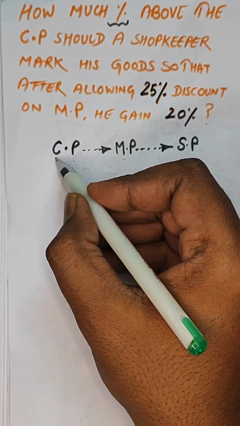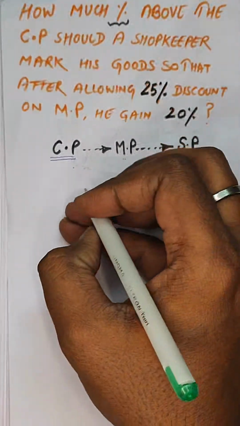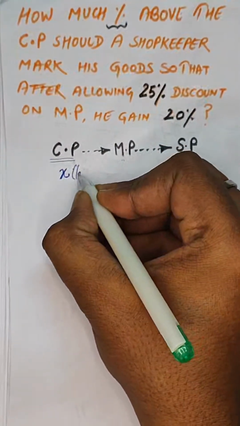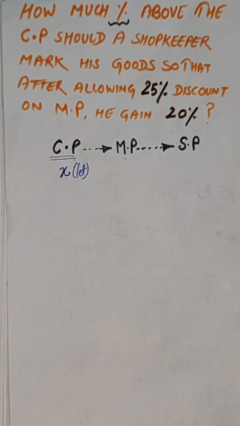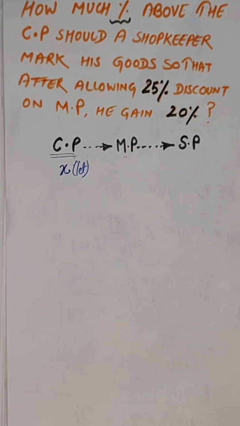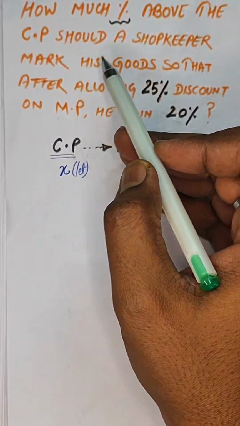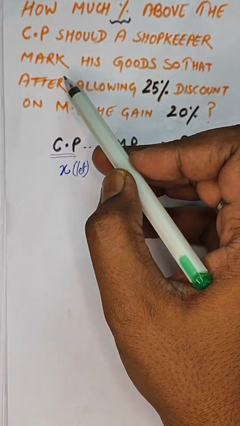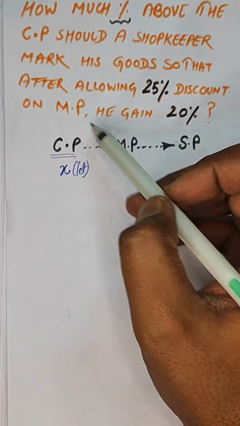So let the cost price of the item be rupees X. If the cost price of the item is X, then you can read the question again. How much percentage above the CP should a shopkeeper mark his goods so that after allowing 25% discount on MP he gains 20%?